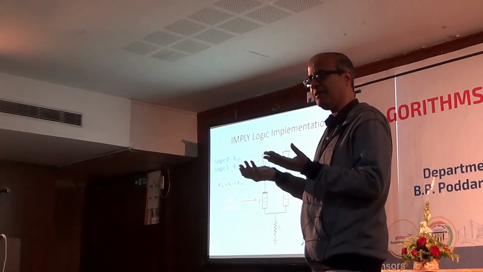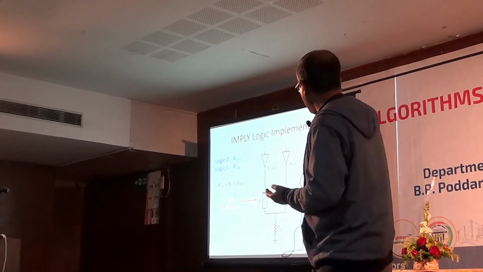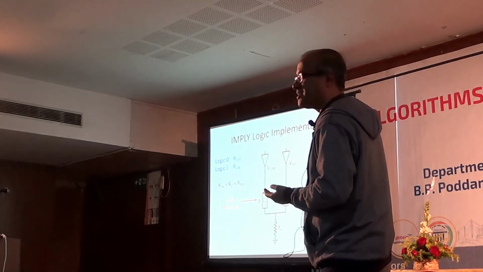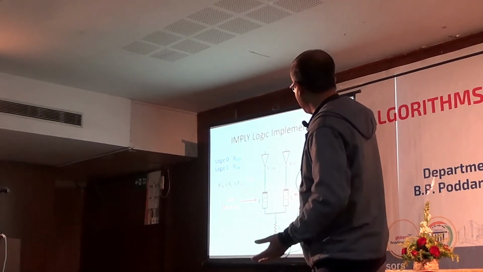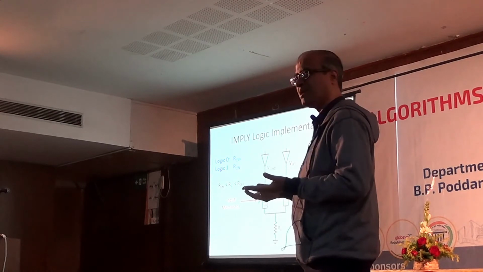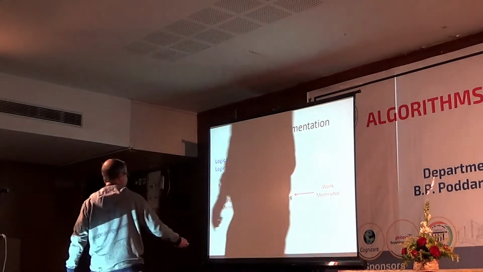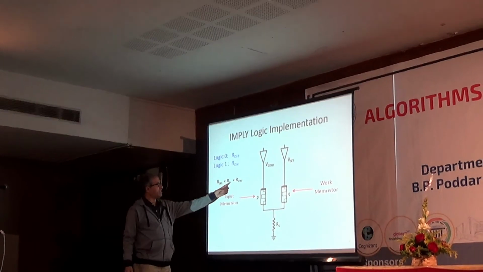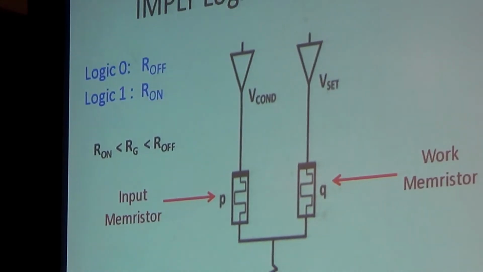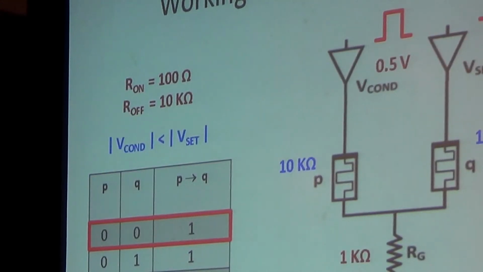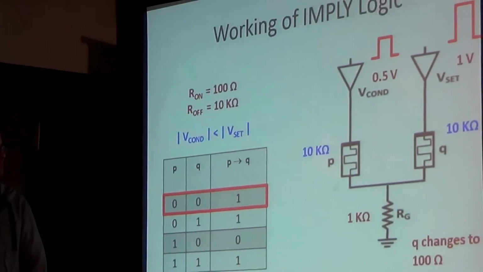The output P implies Q will get stored in this memristor Q. The value of Q will be overwritten, and the new value will be the imply. Let us see how it works. And this Rg is a resistance which lies between R on and R off of the memristors. So this is the circuit that we showed.